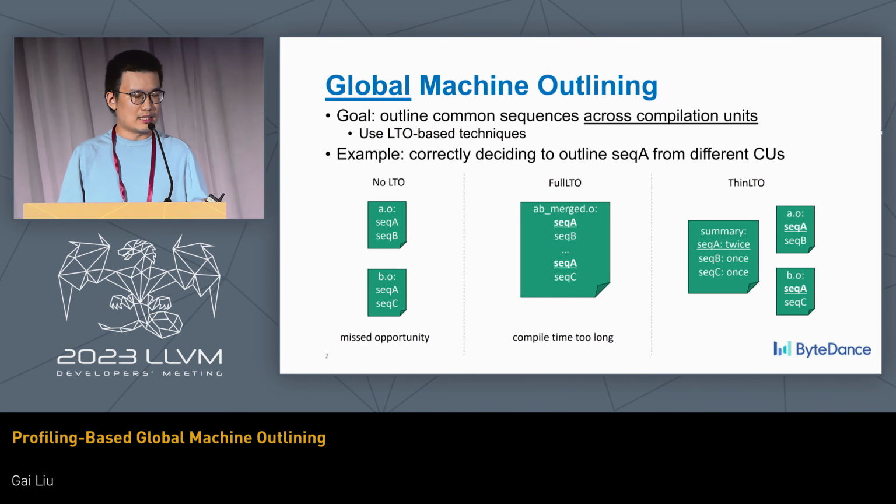Then when we compile A and B in parallel, we look at the summary and decide if we want to outline A. When we are compiling A.o, we see that sequence A appeared twice globally, so we will outline it, and then we rely on the linker to deduplicate the 2 outlined sequences. This is how we save code size with single LTO.